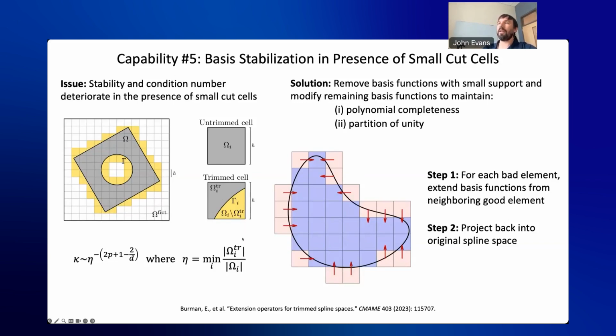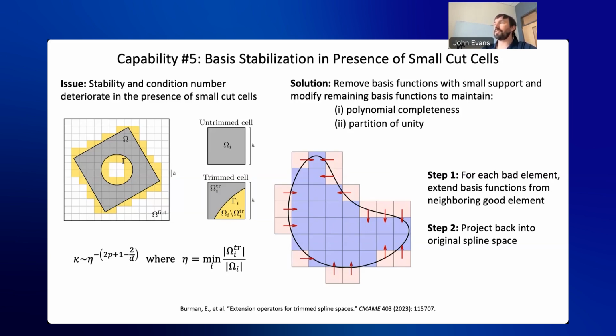This results in a very, very high condition number if you're using Nitsche's method, but it can actually result in an unstable discretization as well. And to combat this issue, we've utilized the notion of a basis extension that was introduced by Eric Neiman and co-authors in a CMAME paper a couple of years ago.